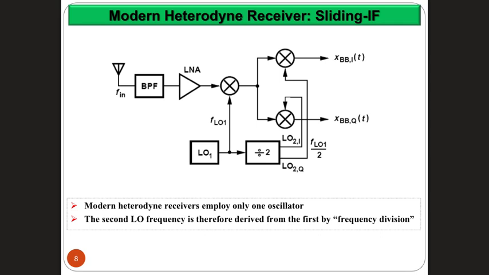We always want to minimize the number of local oscillators in our design. We don't want one oscillator that works at 50 megahertz, and another one at 30 megahertz, another one at 20, separate from each other.